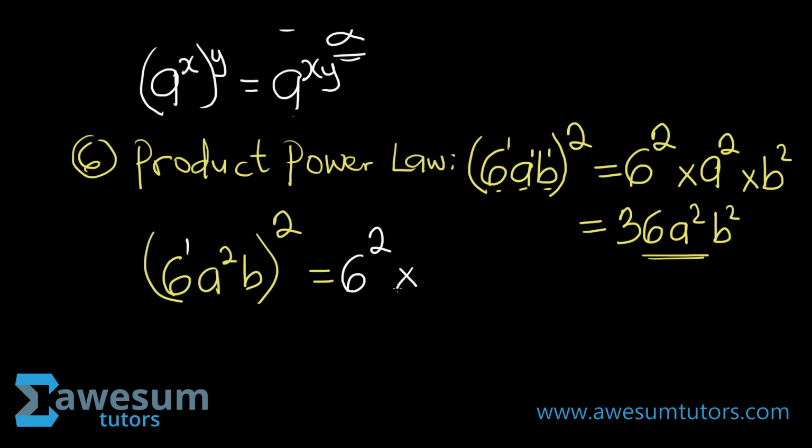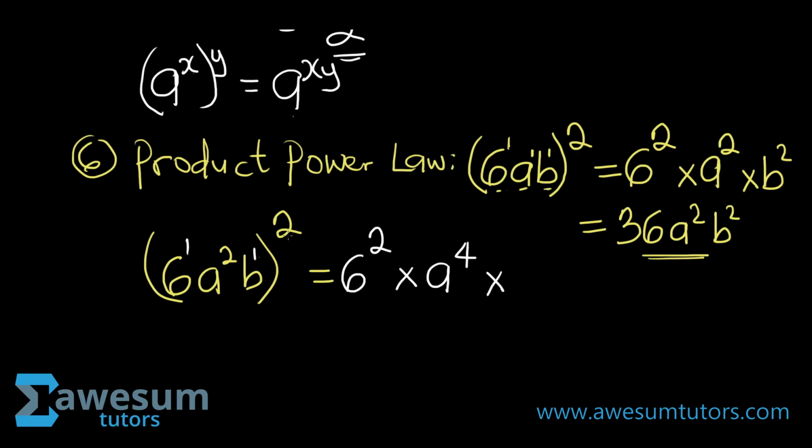Times a squared, so it's going to be a, and if you open that, it's 2 times 2, which is 4. Remember your power law that we treated in law 5. Times b is b times 1, right?